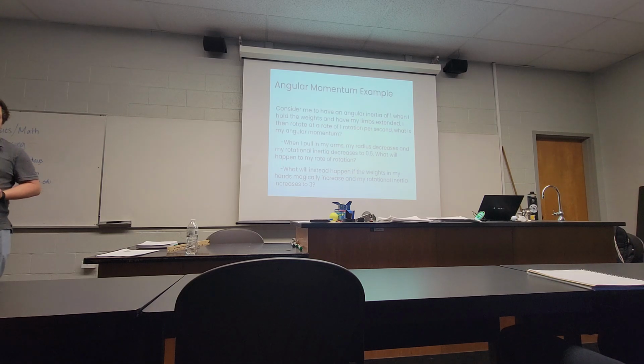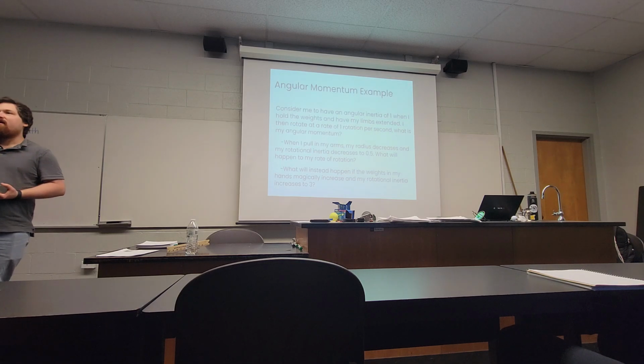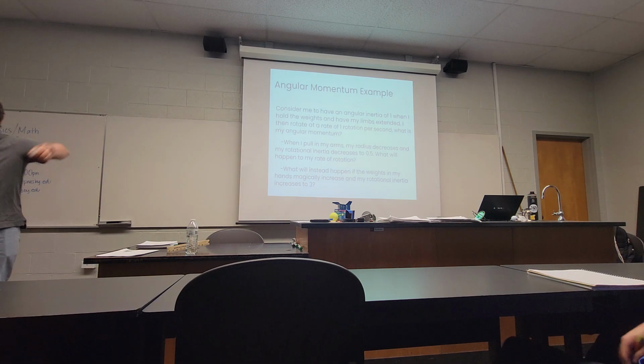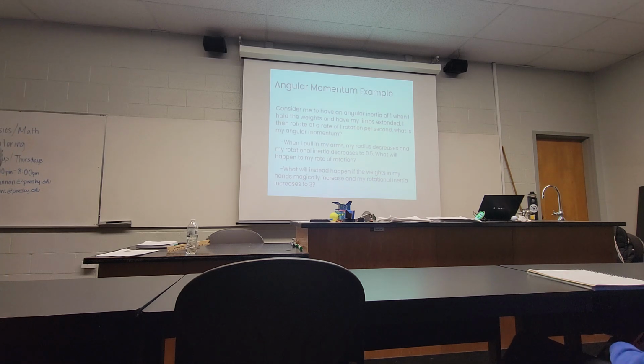Doubles from 1 to 2. So cut rotational inertia in half, your angular velocity will double. And again, this is the sort of thing figure skaters do when they pull their limbs in and start spinning very quickly in place.